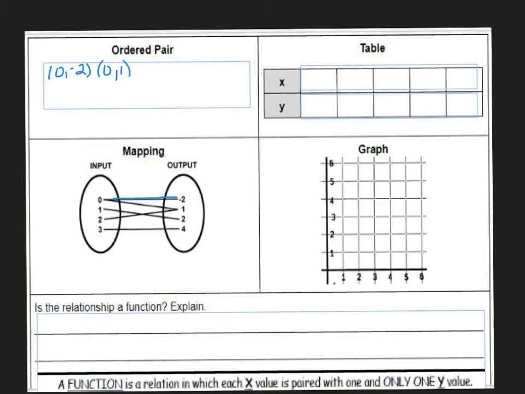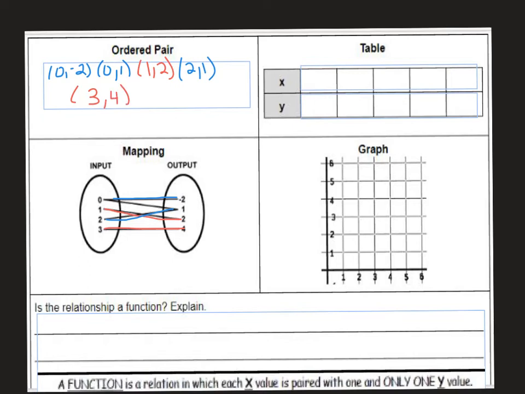Then 1 has been assigned to 2, and sometimes it might help to use color here. 1 has been assigned to 2. 2 has been assigned to 1. And 3 has been assigned to 4.